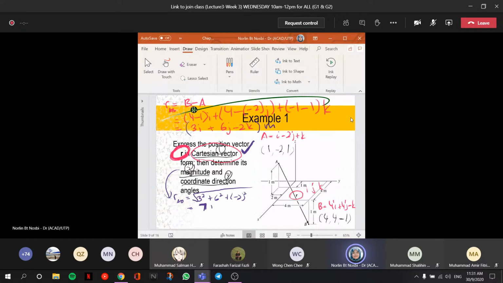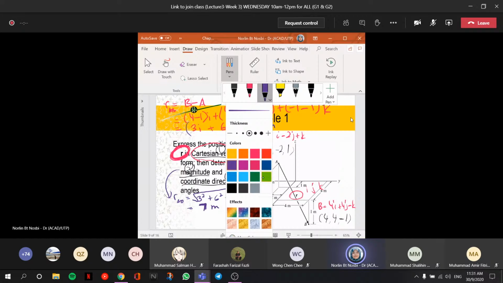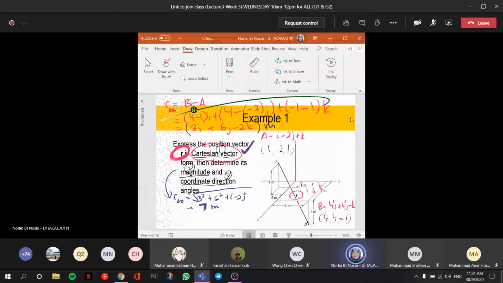Okay, next step you need to find the coordinate direction. How to find it? In this situation, it is in 3D, so there must be alpha, beta, and gamma.